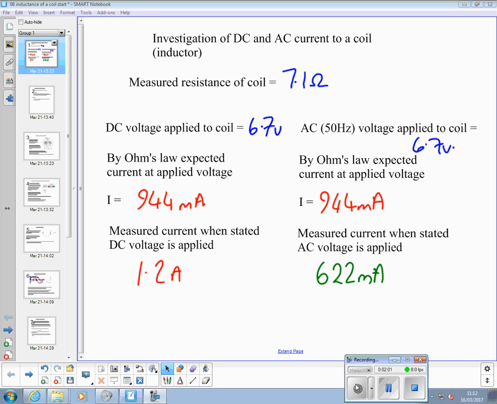So, let's have a think about those results. Anyone got any ideas what's going on and why the current here is significantly less, nearly half of what it is? Yep, it is. It's around the magnetic effect of a current flowing through the coil.